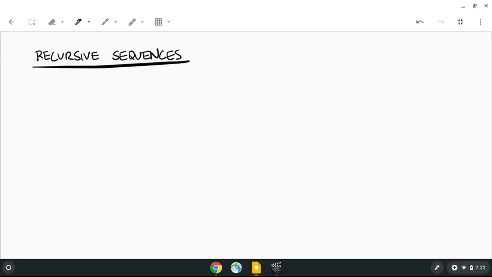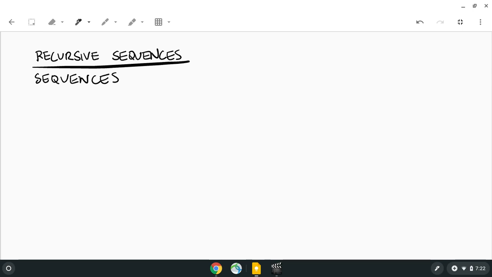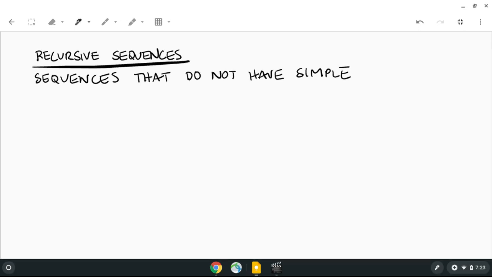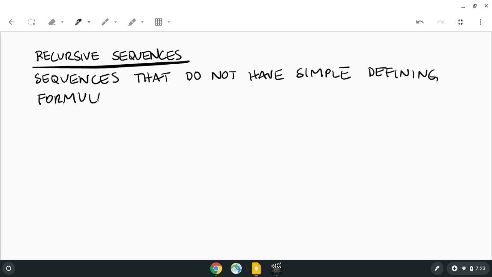These are sequences that do not have simple defining formulas, like the ones that we were just doing. They all have a formula, a nice sequence formula, a nice sequence function, so that we can just plug in and calculate whatever term we want, right? So recursive sequences don't quite work that nicely, but they are still pretty simple.